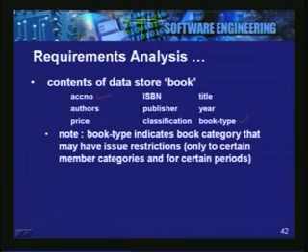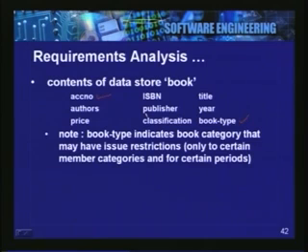And then there are other attributes which are useful for inquiry purpose. So we have defined here the contents of data store book. This gives us a very clear idea of what kind of information is available in that data store, so that the various processes which either obtain data from this data store or update something in this data store, we can clearly understand them with reference to the contents here.